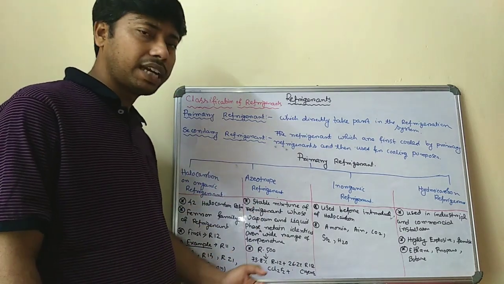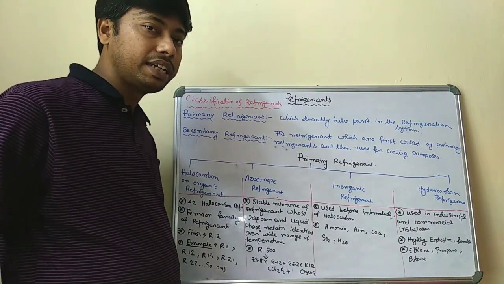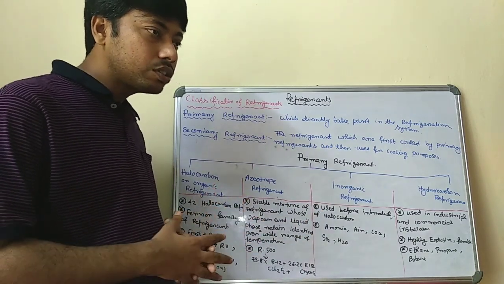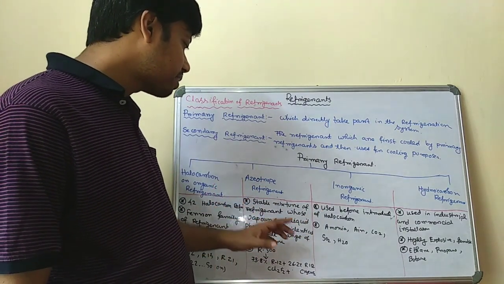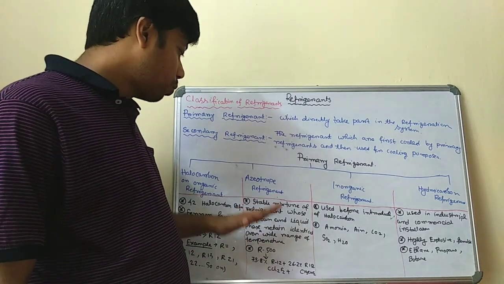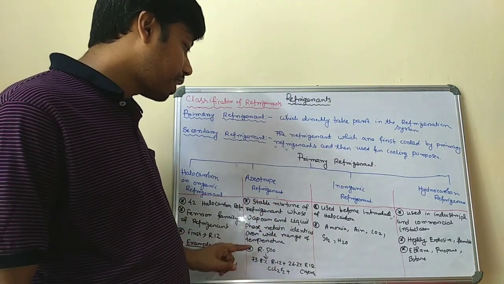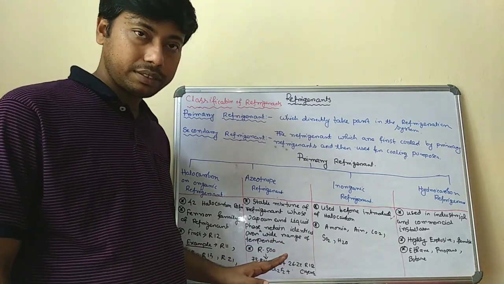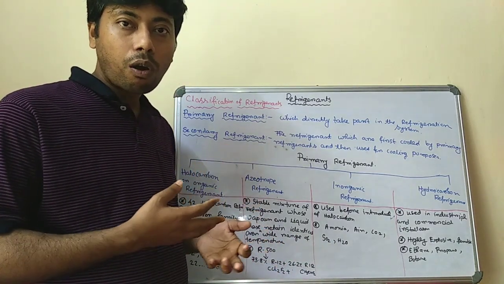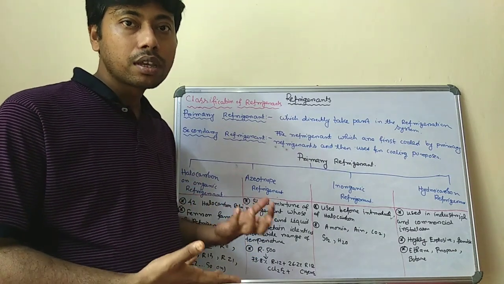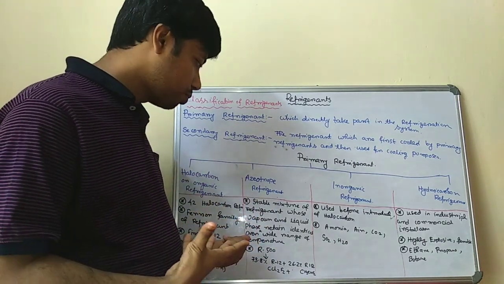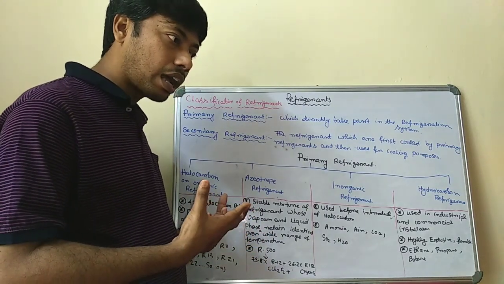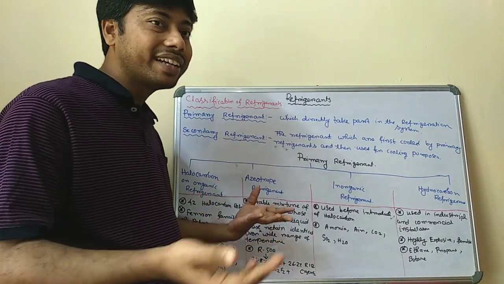Now the second type of primary refrigerant is azeotrope refrigerant. An azeotrope refrigerant is a stable mixture of refrigerants whose vapor and liquid phases remain identical over a wide range of temperatures. So this is a mixture of two refrigerants whose vapor and liquid phases are stable throughout a wide range of temperatures.